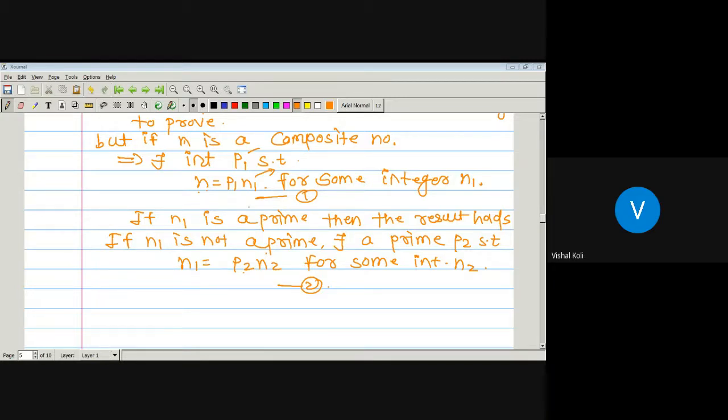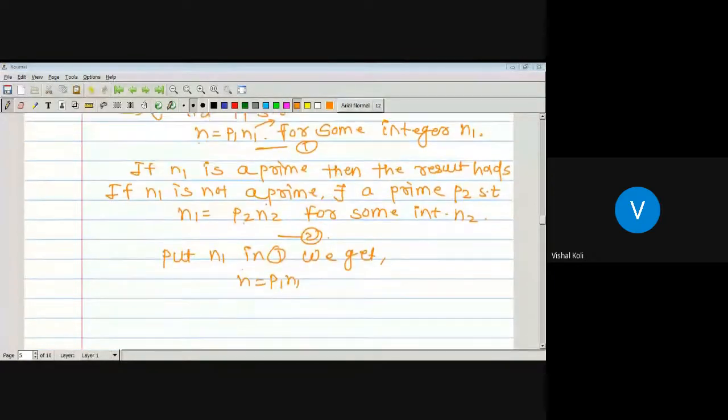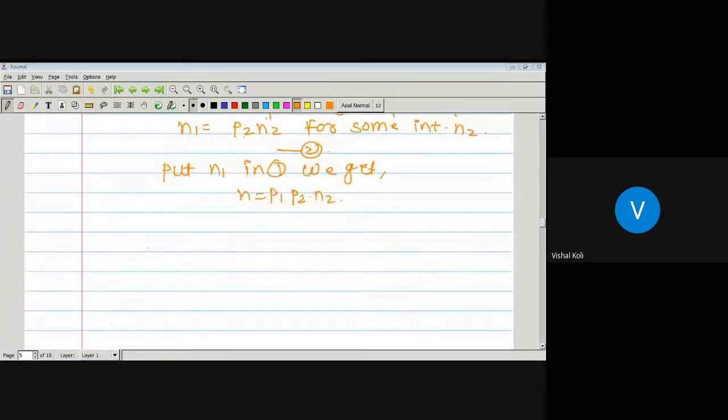Put this value of n1 in equation 1. We get n is nothing but p1 into n1, and n1 is nothing but p2 into n2. So n is nothing but p1, p2, n2, where p1 and p2 are primes and n2 is any integer.